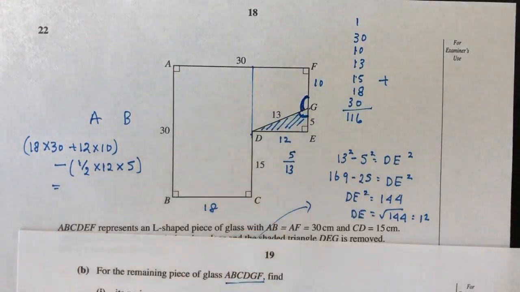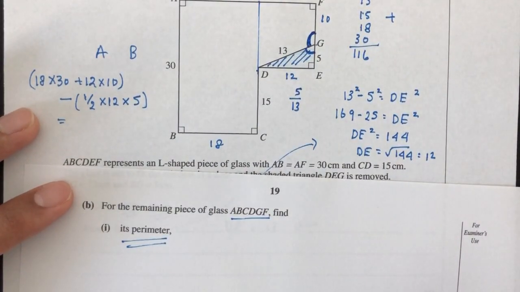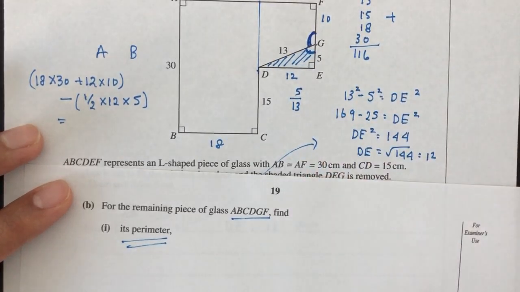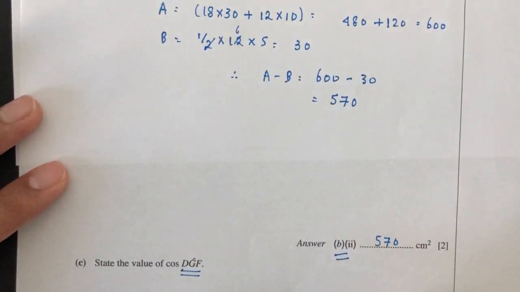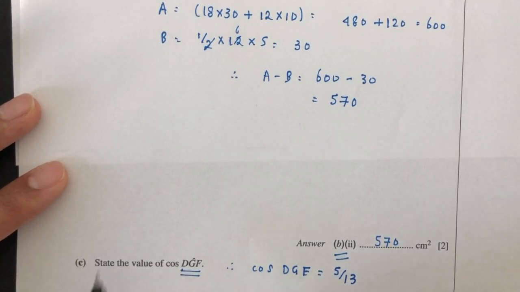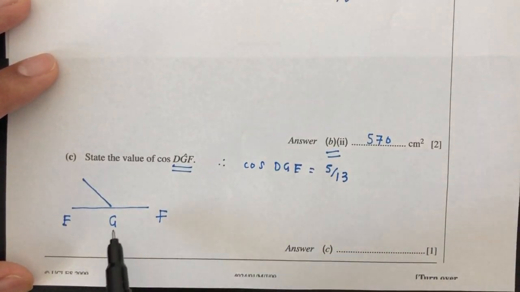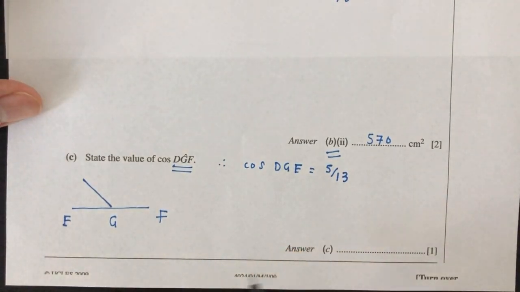Here we have to use a rule for cos of angles: it is basically the complement of the other side. We know that cos of DGE for the triangle is equal to 5 over 13. If you look at the side, here we have the straight line, and here we have G, this is E, and this is F. This is how it is on the diagram.